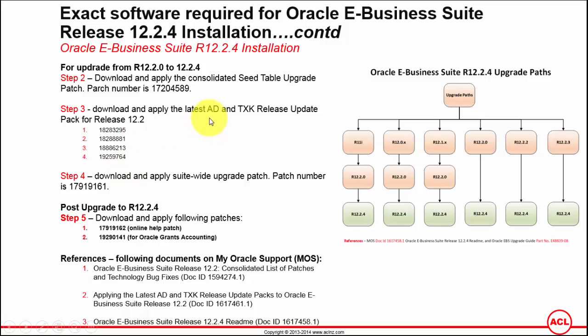After you have completed applying the AD and TXK release update packs, you make sure you synchronize your patch file system and run file system, and only then proceed ahead to step number 4 to download and apply the suite-wide upgrade patch for upgrading to release 12.2.4. The exact patch number is 17919161.